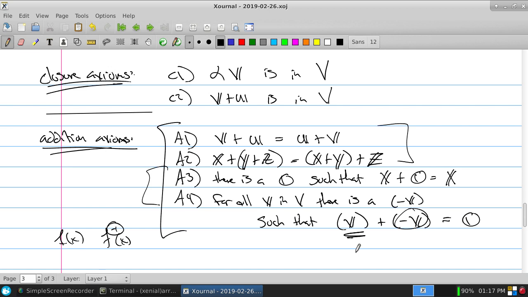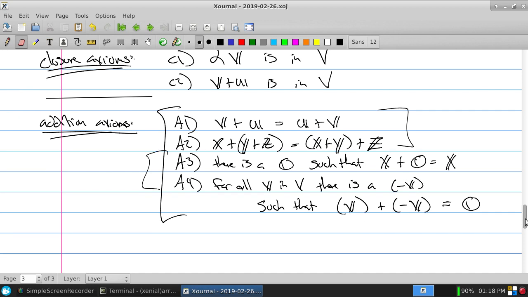For the additive inverse, what do you normally do? Multiply by negative 1. Right? What's 5's additive inverse? Negative 1 times 5. What's negative 7's additive inverse? Negative 1 times negative 7, which is 7. But that minus keeps showing up naturally, so that's why we usually use it as a label.